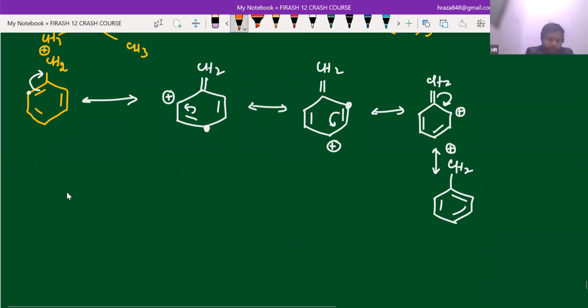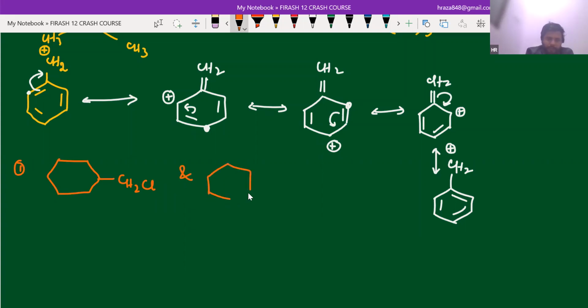Okay, can you tell me which one is more reactive towards SN2? This is your scenario, CH2Cl, and which one is more reactive towards SN2? First or second? Towards SN2, I'm asking. First you are going to do SN2, and then you are going for SN1.